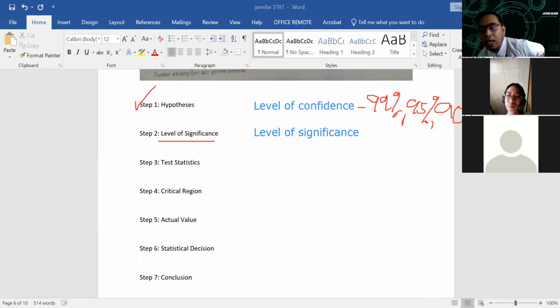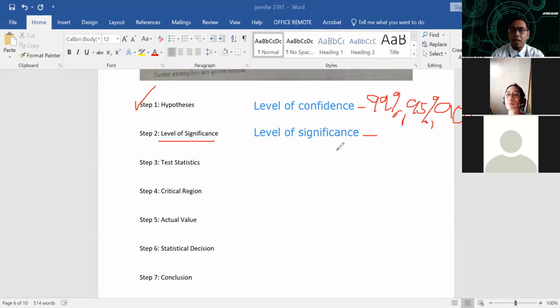Okay? And for the level of significance, it is the chance that you may commit error in testing your hypothesis. By the way, the level of confidence in statistics, it is denoted by 1 minus your alpha. What is this alpha?